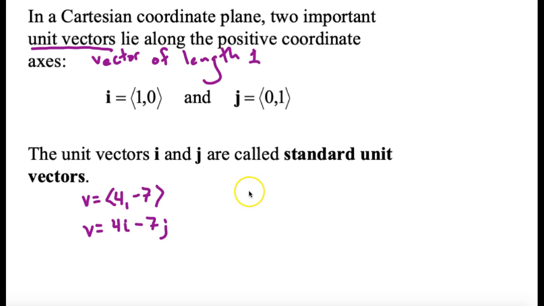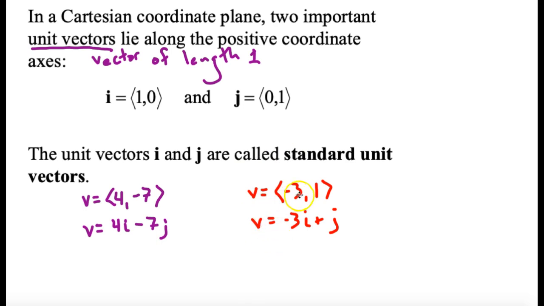Let's say that we've got the vector <-3, 1>. Well, we can write that as -3i plus 1j, or just plus j. Okay, so just another little notation idea.